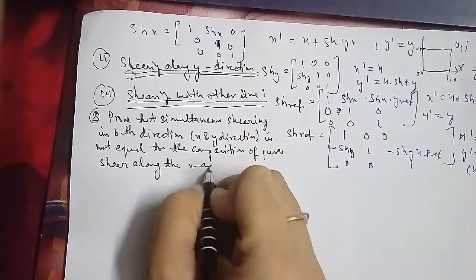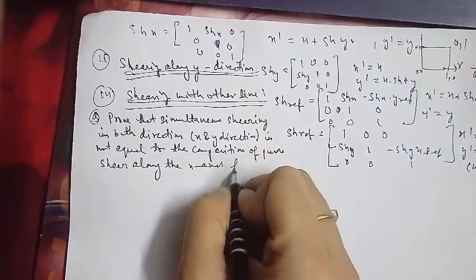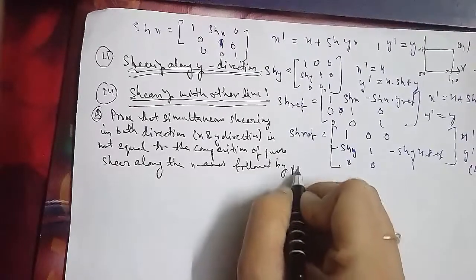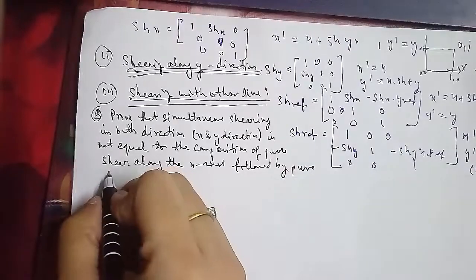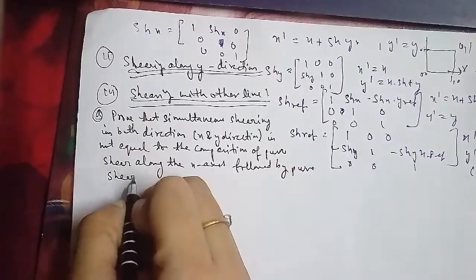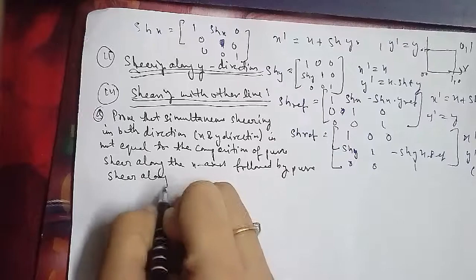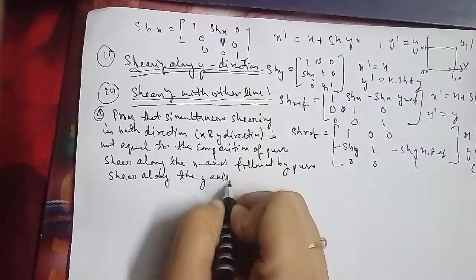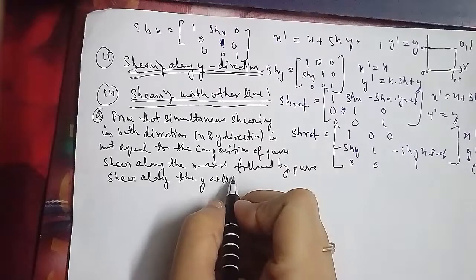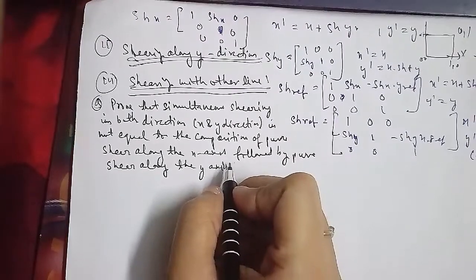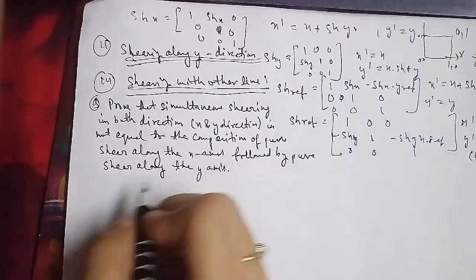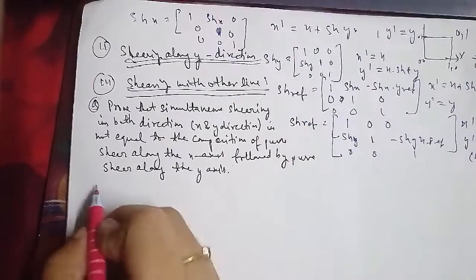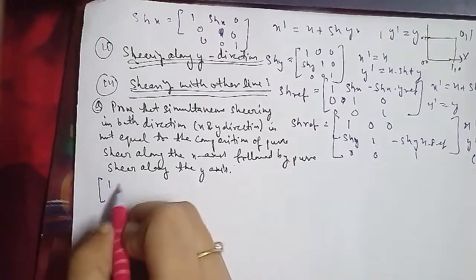The shearing matrix in the x direction is 1, shx, 0; 0, 1, 0; and 0, 0, 1. And the shearing matrix for the y direction is 1, 0, 0; shy, 1, 0; and 0, 0, 1. So shearing in the x direction and then in the y direction, what will we get?